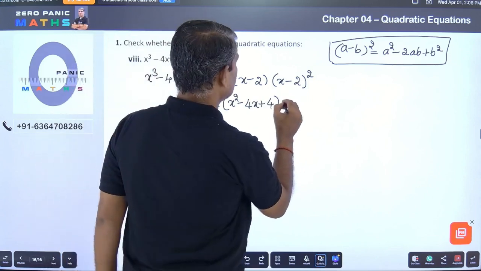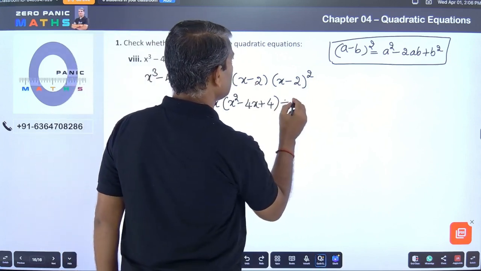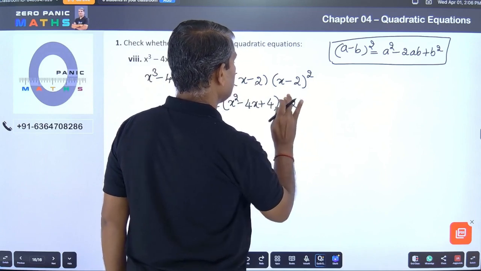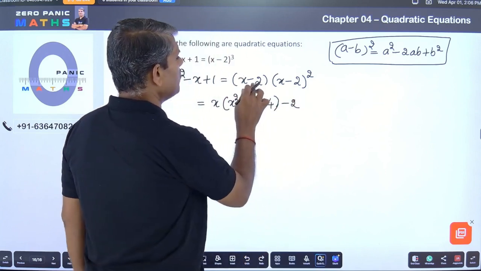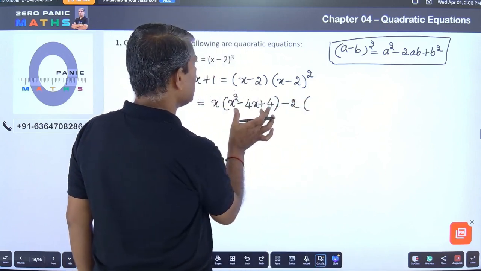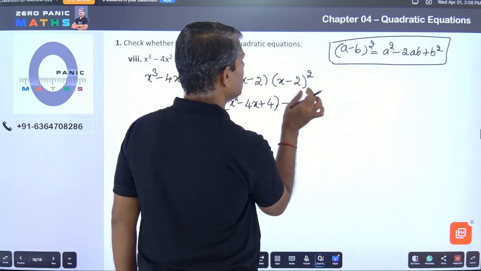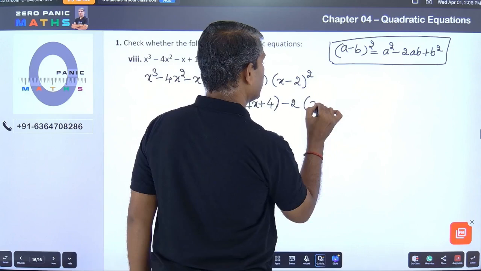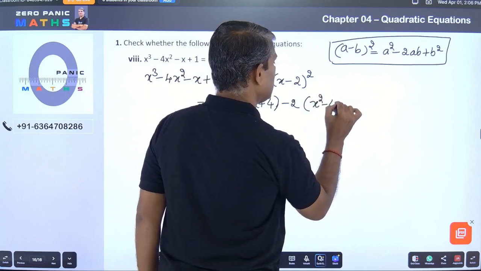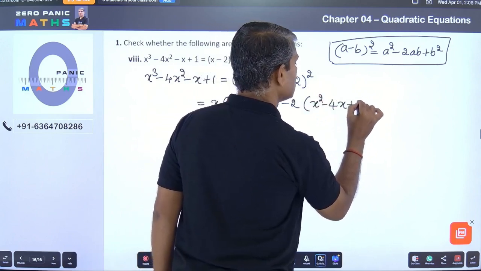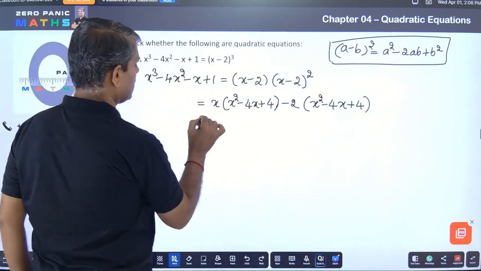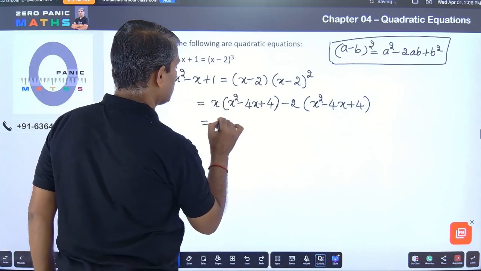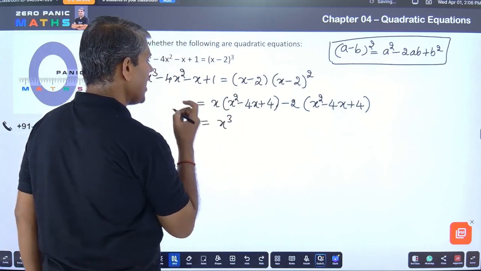Now second term is minus 2. Let me write it, don't get confused. Minus 2 into again the same terms, because it is once again x minus 2 whole square, that is x square minus 4x plus 4. Right, multiply that first. x into x square, that is x cube, right?